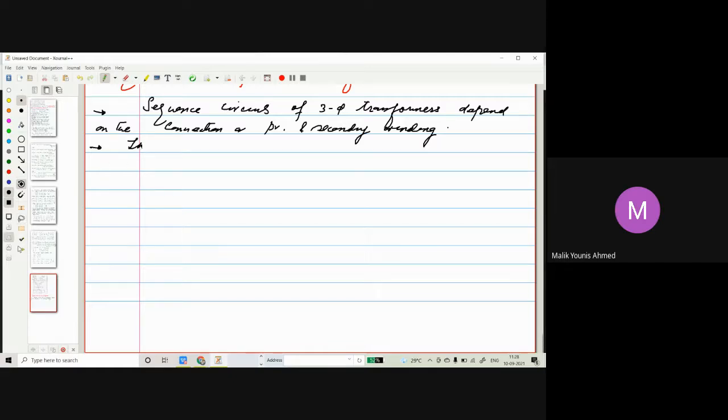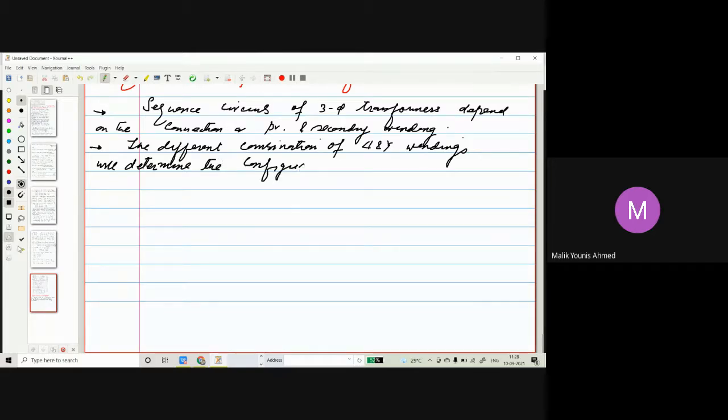So the different combinations of delta and star windings will determine the configurations of what?